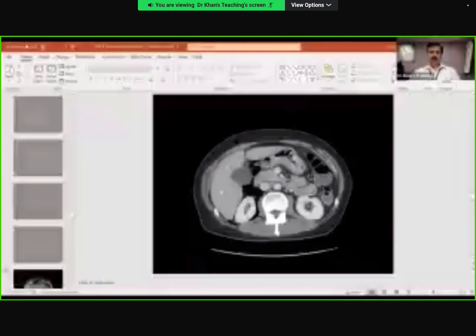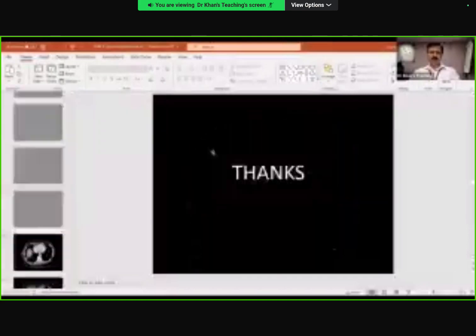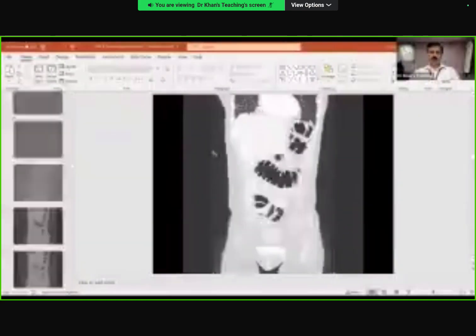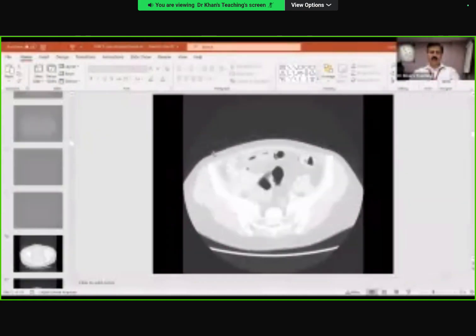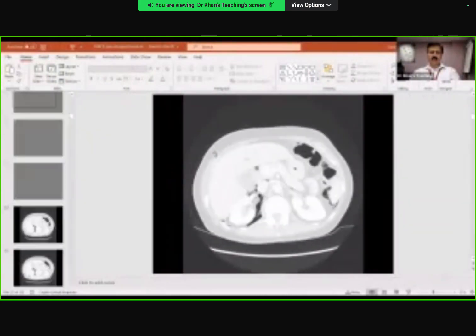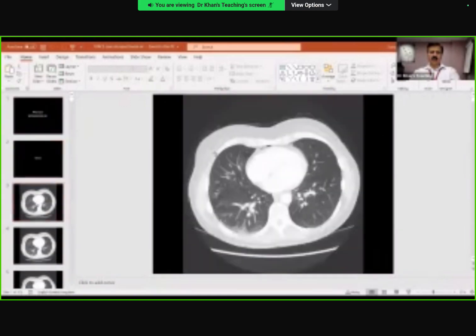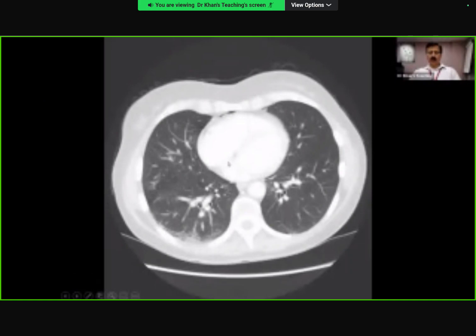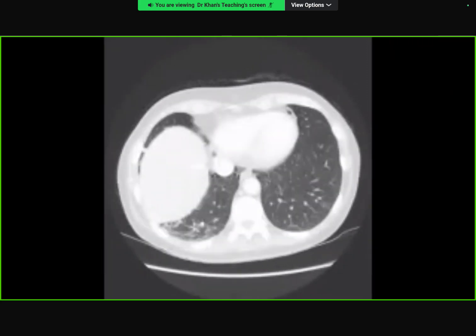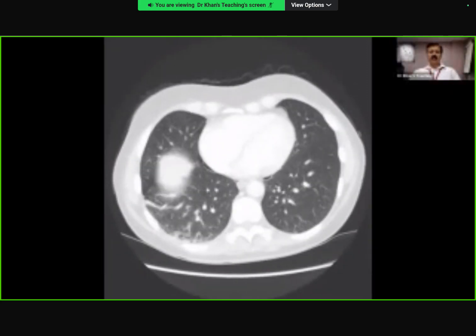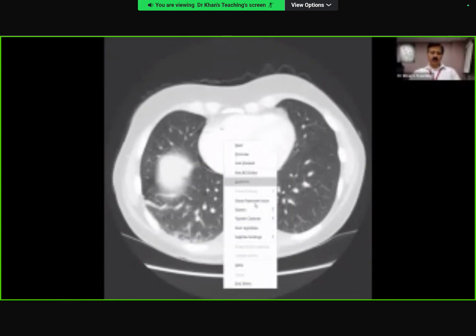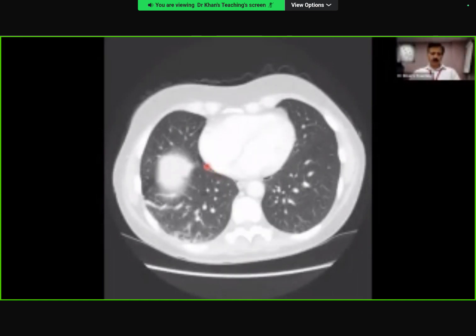So I'm showing you this case just to develop your concepts and your eyes on the concept of pneumomediastinum and retroperitoneum, etc. Now, if you see here, number 6, can you see a CT scan? Yeah, I can see. Okay, so what I wanted to show here is that you have got pneumomediastinum here.